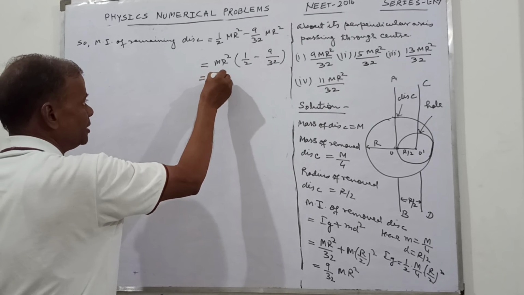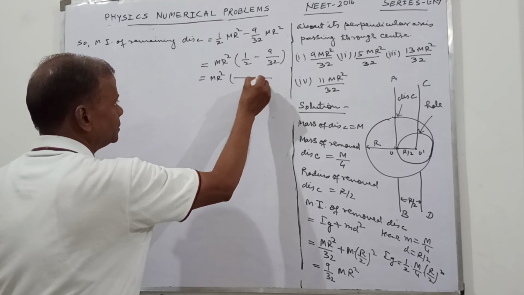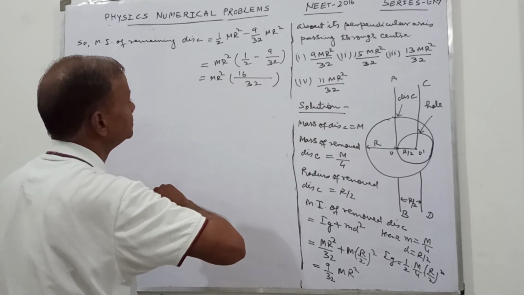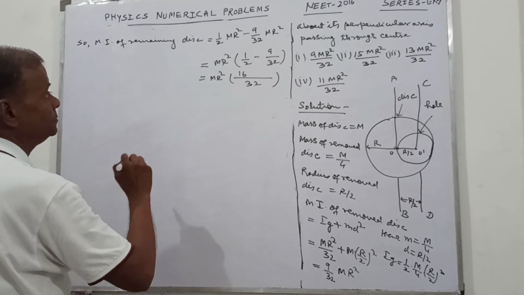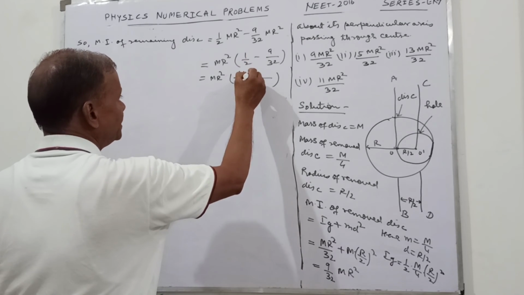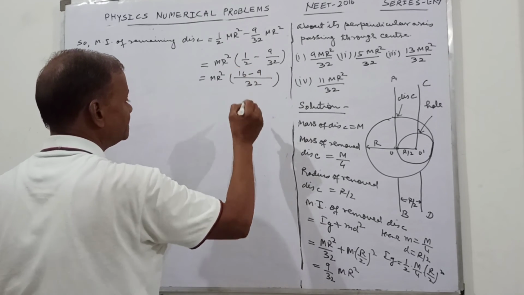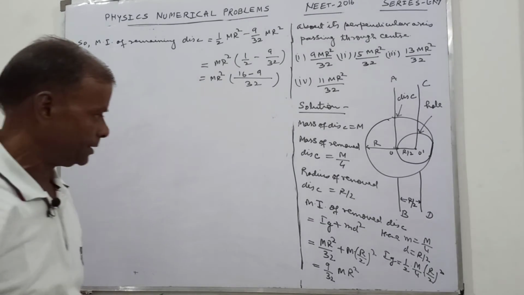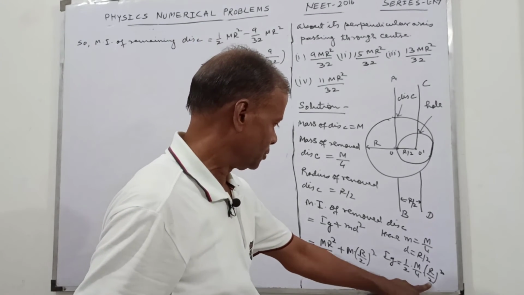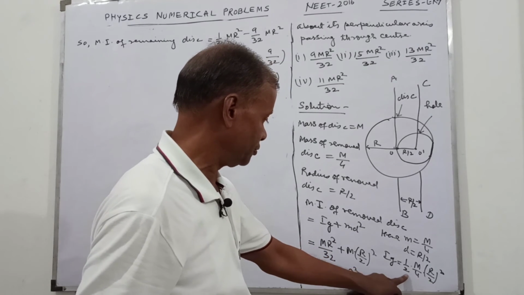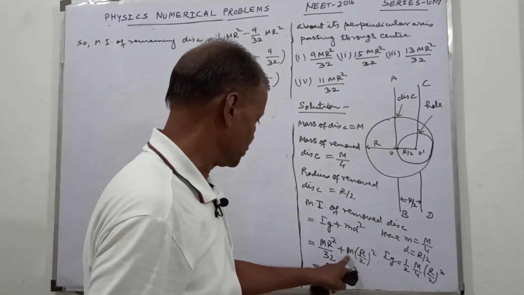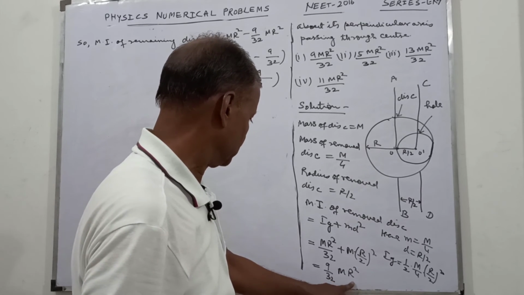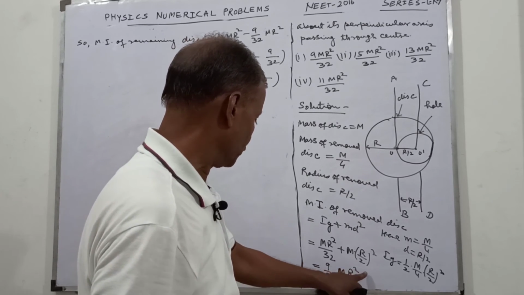Taking 32 as LCM, this is 16 minus 9, upon 32, mr square.